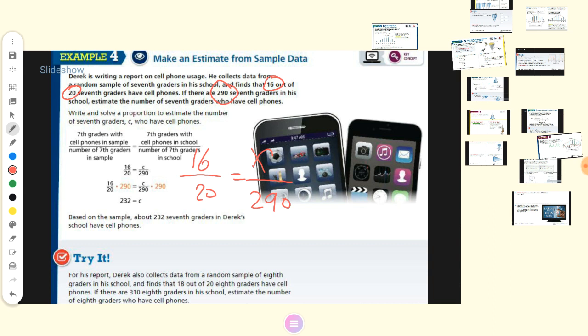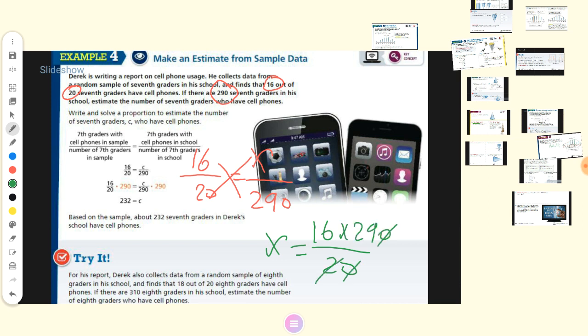The part from the sample over the sample, part from the population over the population. I need the part of the population estimated. Make cross multiplication.